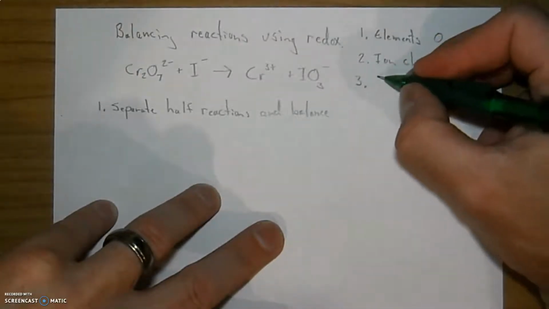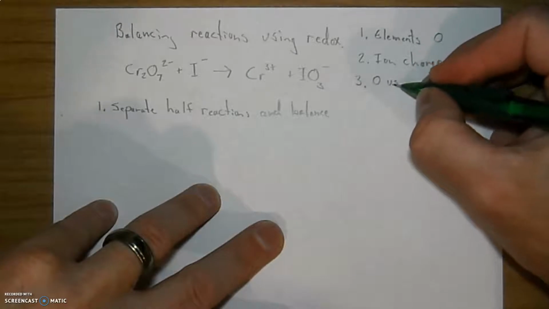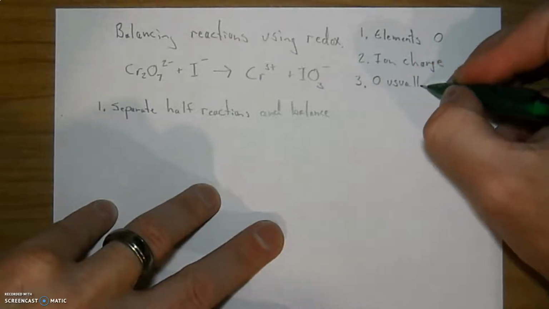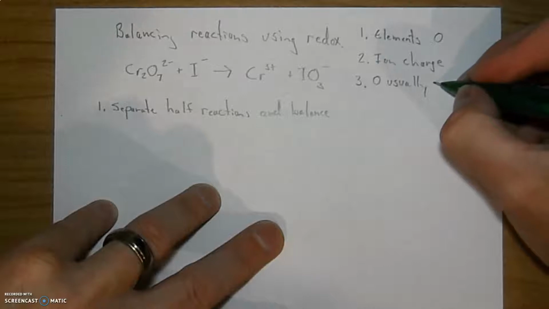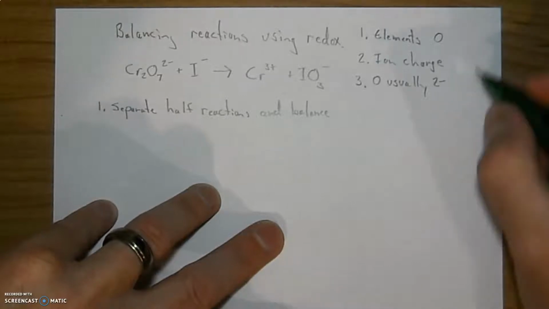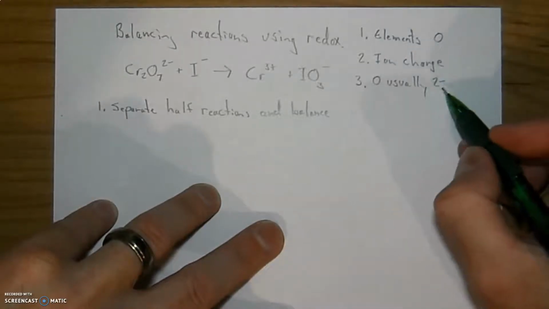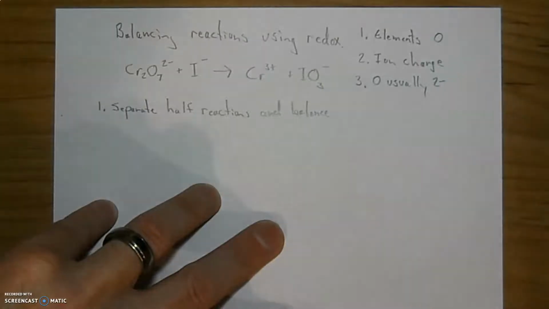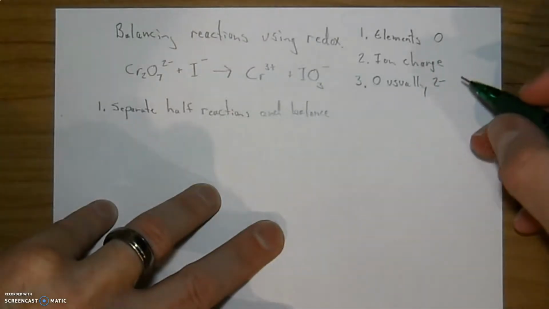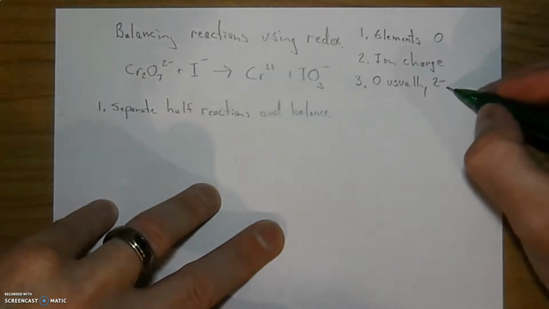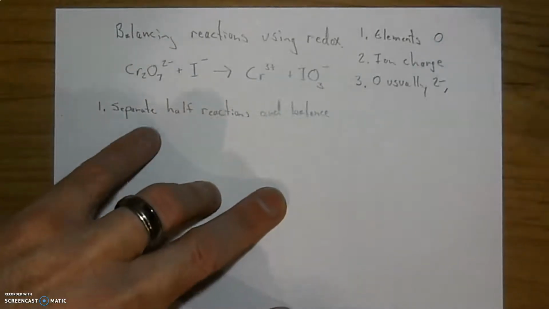3. Oxygen is usually 2-. And again, I'll bounce back and forth between writing 2- and -2. There's no rhyme or reason, just whatever's going through my mind at that moment. There's not a right or wrong way to do it.